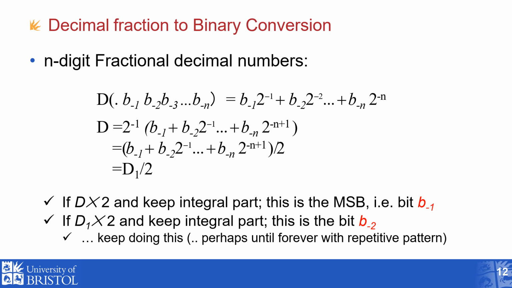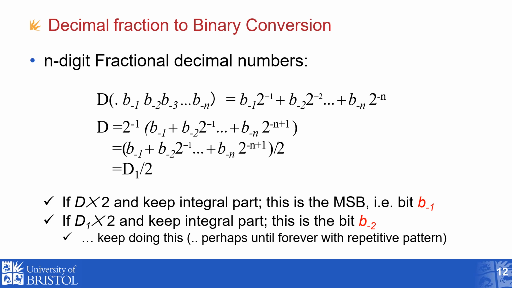In other words, the bit which you're going to keep in the position -1, which is right after the point. Then you're going to define the previous product as d1. You're going to multiply it by 2, and again you're going to keep the integral part, which could be 0 or 1, and this is the bit at position -2, and so forth.